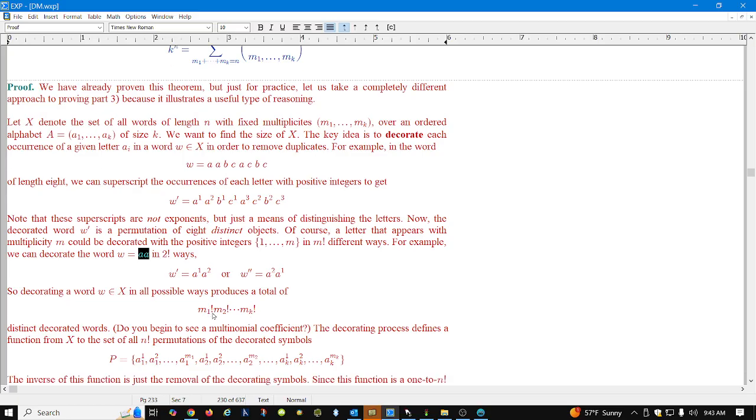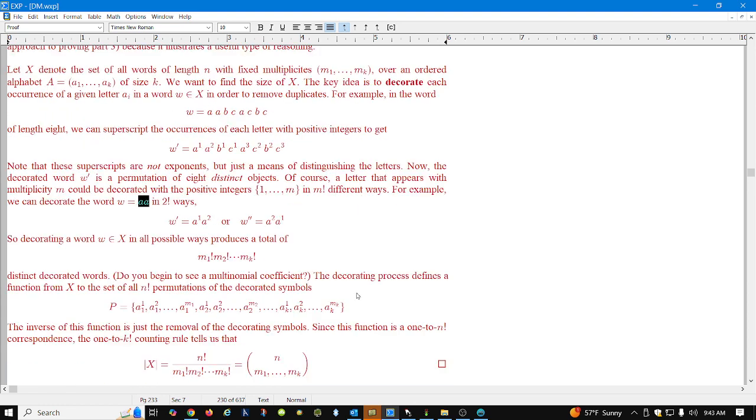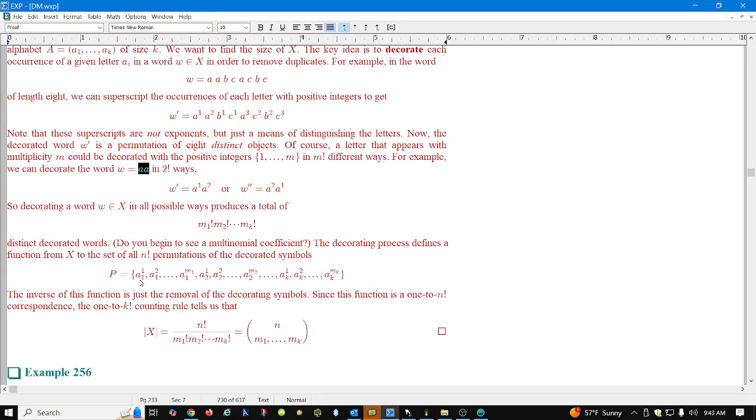Okay. And now you can see how the multinomial coefficient is coming into play here. The decorating process defines a function from the set X, whose size we're trying to figure out, to the set of all n factorial permutations of the decorated letters. There are n of these because the sum of the m's is equal to n.